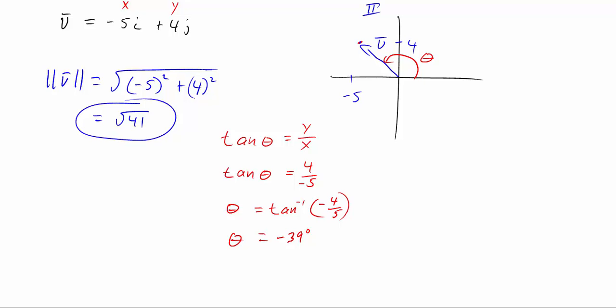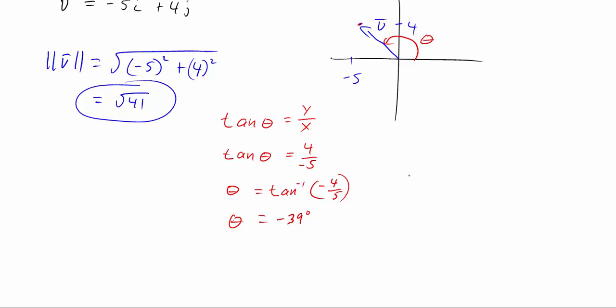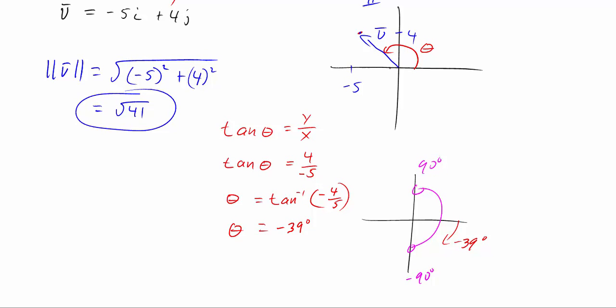Now remember, we talked about the domain and range for your inverse tangent, and we said the inverse tangent was only good from negative 90 degrees to a positive 90 degrees. And we're getting an angle here of negative 39. This is why I said earlier we want to draw our vector, because if you look, our vector is not down in the fourth quadrant, it's in the second quadrant.